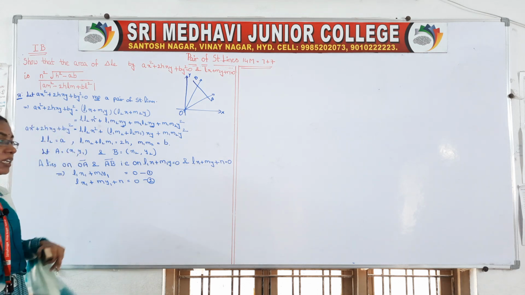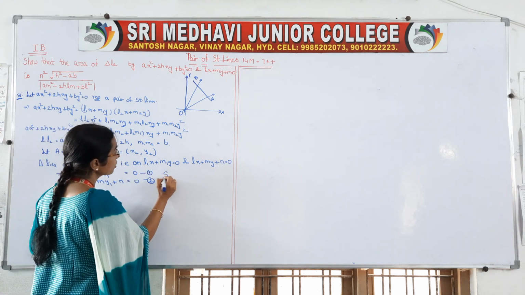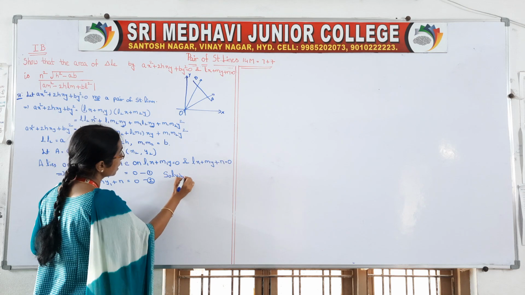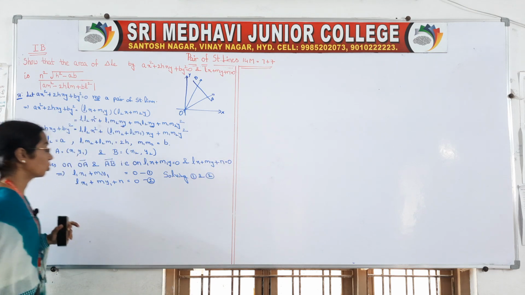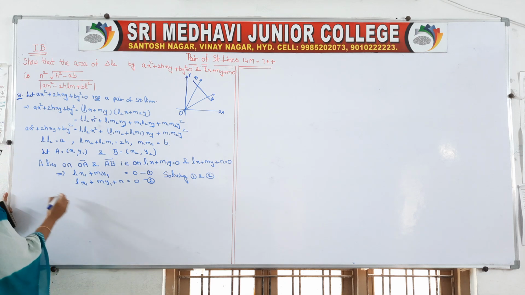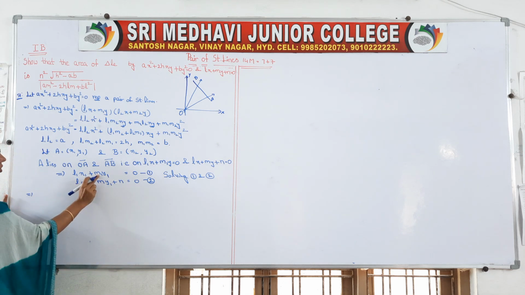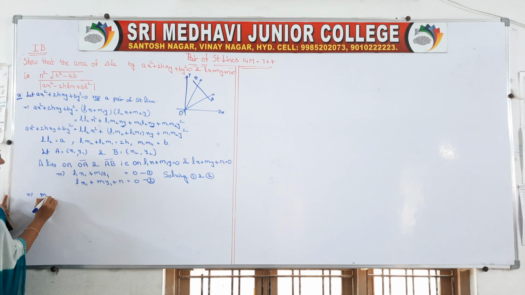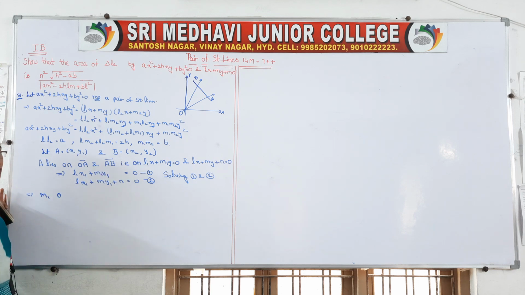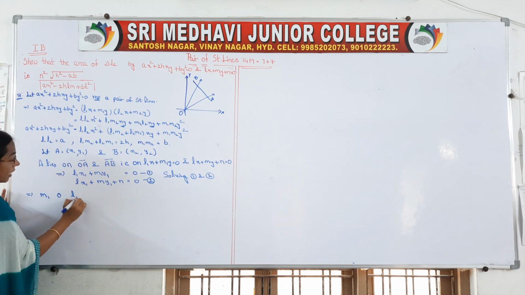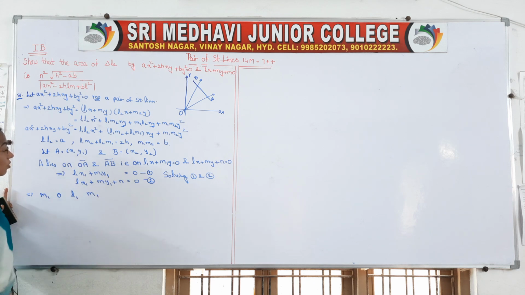Now solving 1 and 2 by the cross multiplication method. First we take the y coefficient, next the constant, which is 0 here, then the x coefficient l1, and again the y coefficient.